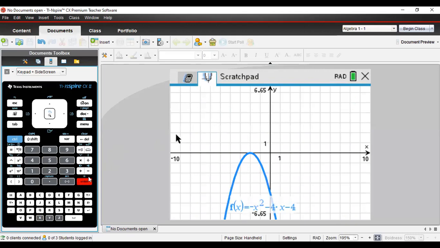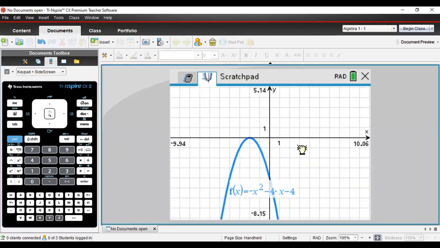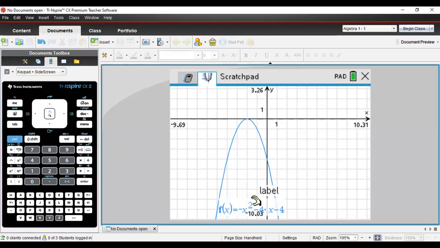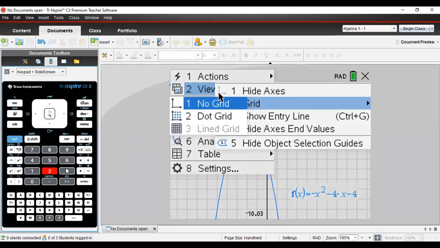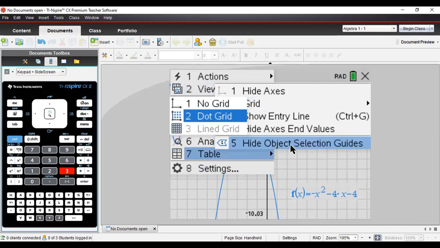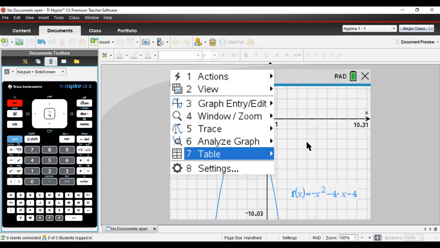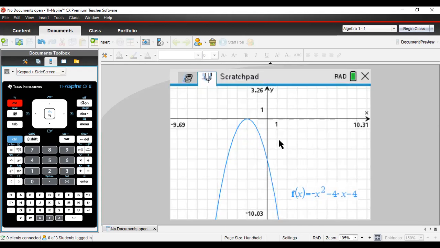And then press enter. Boom, there is the graph. Now I'm going to pull this up a little bit so you guys can see it a little better. I'm going to move this over. Now I'm going to put some grid lines on here. So menu 2, 2, 3. Hold on, let me go back. Actually, it already has them. So I have grid lines.